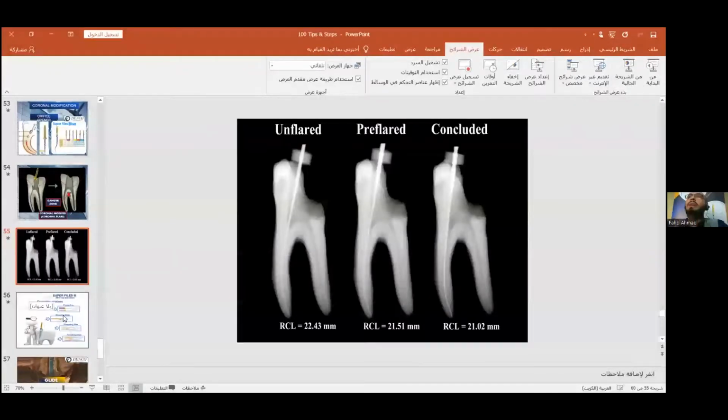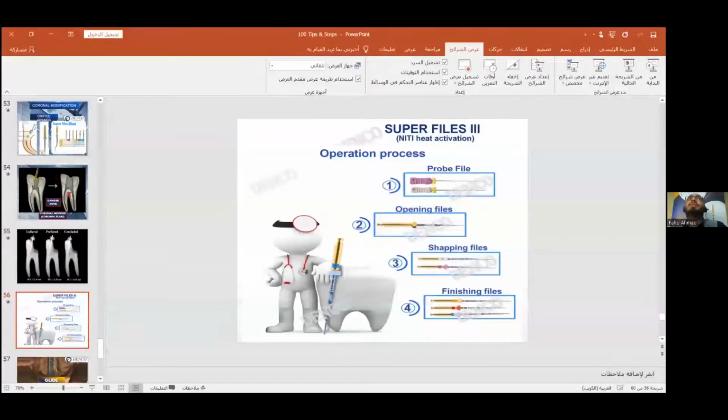So here we are, as we talk, prototype or super files, third generation. It's high flexibility and coronal memory and safe tip. It's very nice for me if I work with it. So what will the operation process be?